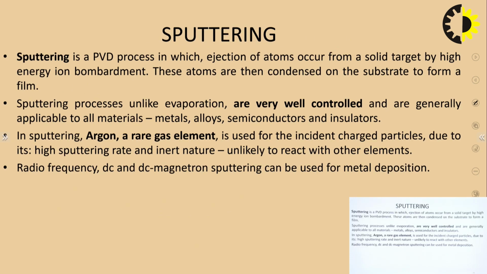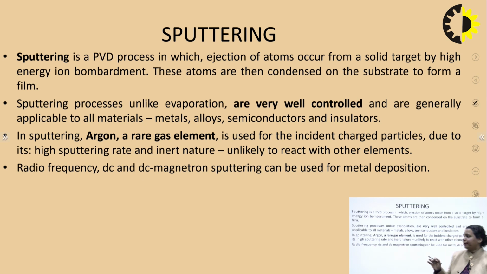Now another one is sputtering. In sputtering, there is a source, a target, and we are hitting it with energetic atoms, right? When we target this, the actual atoms of the target come out from it, and they get settled over the substrate.